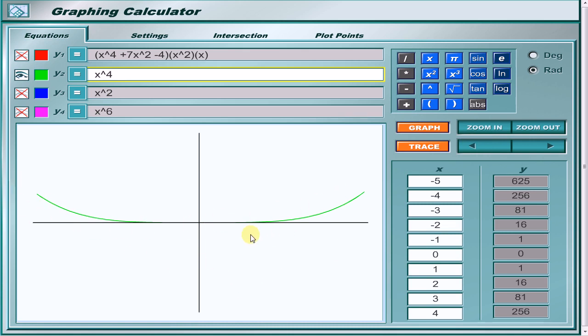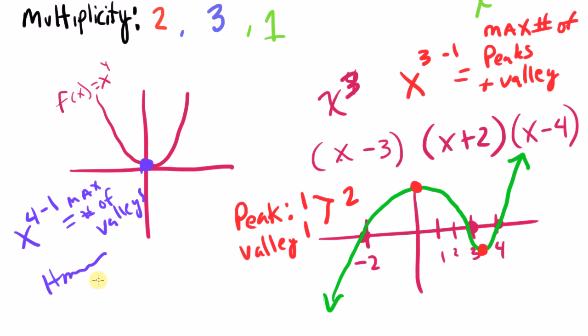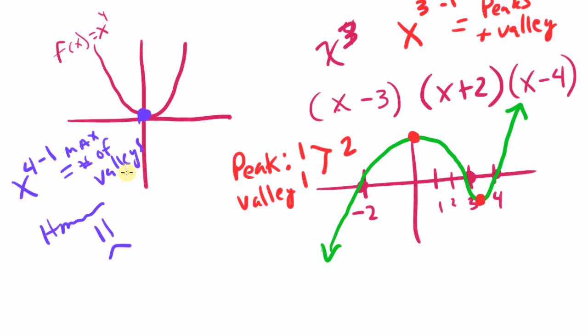Well, I only see 1. Well, I thought you said that x to the 4 minus 1 is equal to the maximum number of valleys. That's what I said. This would mean that it should have 3, right? I mean, there should be 3, but there's not. And here's why.